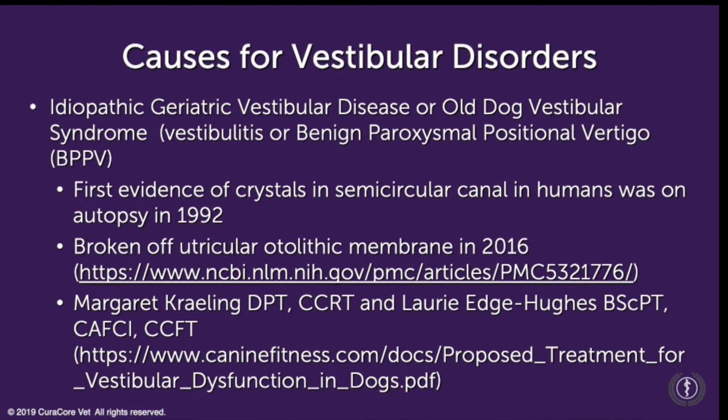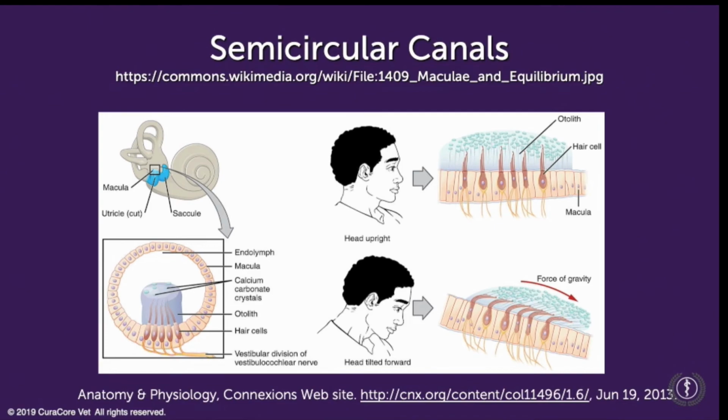And what we've learned in the human disorder is that those calcium carbonate crystals that are in the utricle in particular, it seems to where it happens most often, can actually go into the posterior semicircular canal, which is where they're not supposed to be.